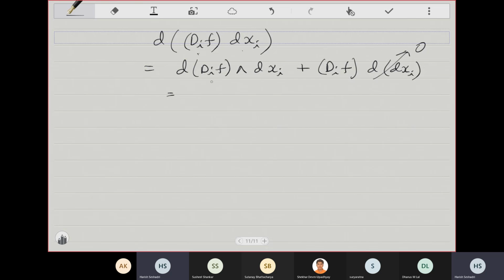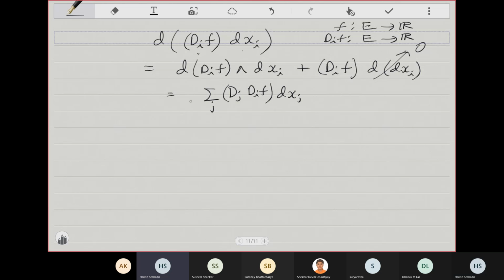And what is this? Well, f was a function from E to R, D_i f is also certainly a function from E to R, the partial derivative function. So again, I'll have to use the same thing. Now I'll have to use a different index, j. So D_j D_i f dx_j wedge dx_i. This thing is still there.